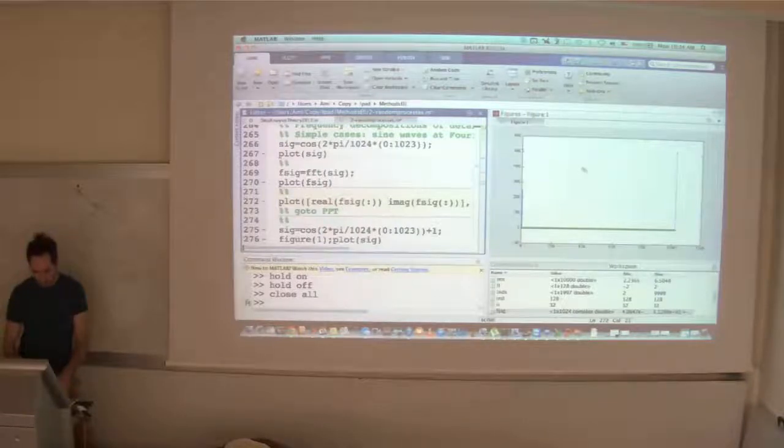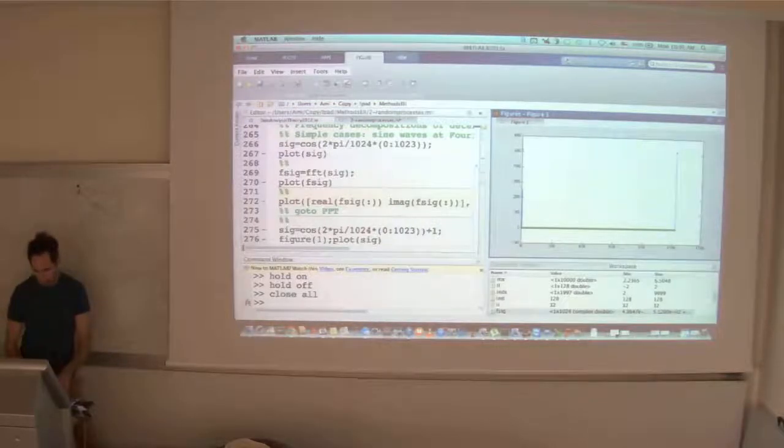And let's zoom in a little bit. So first of all, we can see that the x-axis, for both of them, is 1024 points, which is exactly the length of our signal. So this is important. And now we will zoom in to see what exactly we have here.